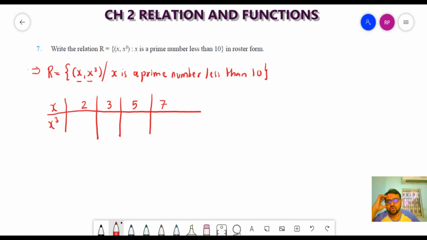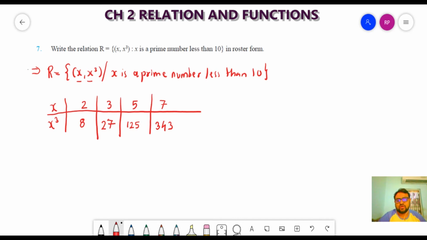So 2 cube is equal to 8. 3 cube is equal to 3 3s are 9, 9 3s are 27. 5 cube is equal to 5 ones are 5, 5 5s are 25 and 25 5s are 125. 7 cube, that is 7 into 7, 49, and 49 into 7 is equal to 343.